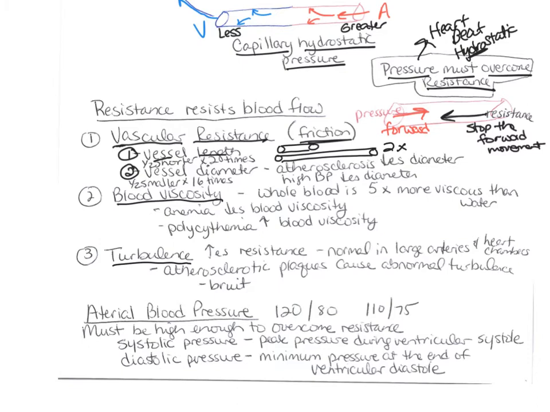The other factor of vascular resistance is vessel diameter. And vessel diameter causes a greater impact on resistance than vessel length does. First of all, you really are unable to change the length of your vessels, so it pretty much is what it is. If you gain weight, your vessels will become a little longer, but other than that, your vessel length is pretty much set.